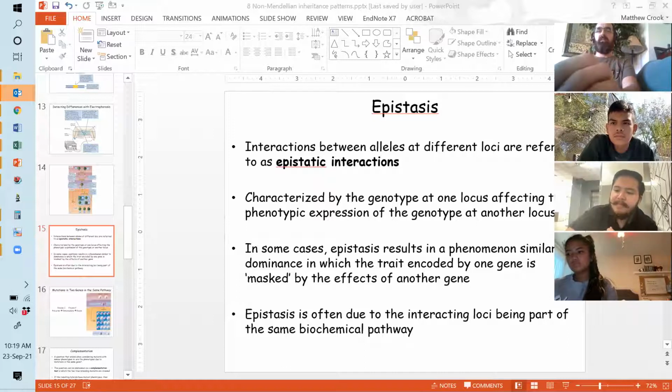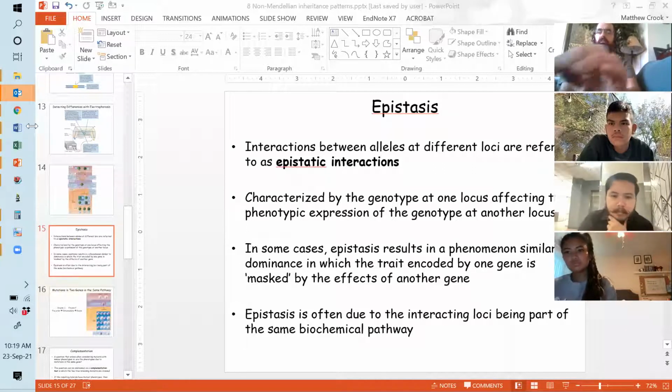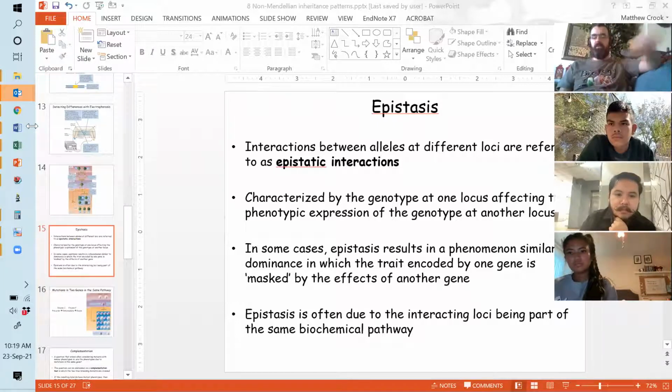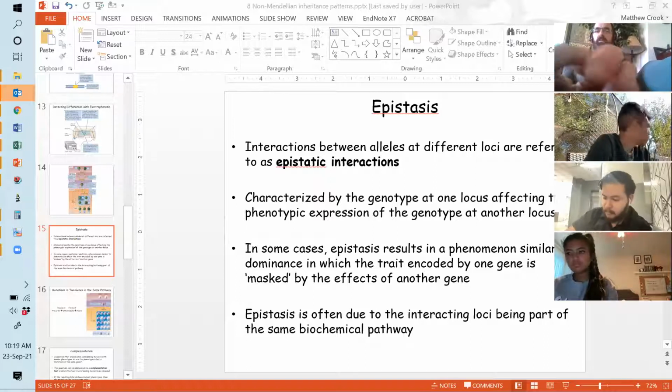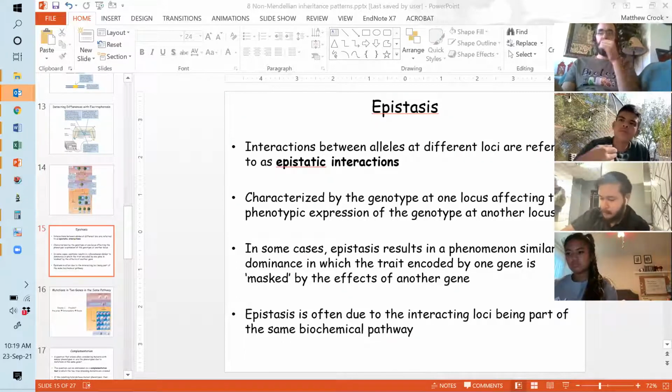And basically what that means is you won't, sorry, typing issues. I don't know what's going on. I think my trackpad is being awkward. You won't get the standard 9:3:3:1 ratio. You'll get something else, right?